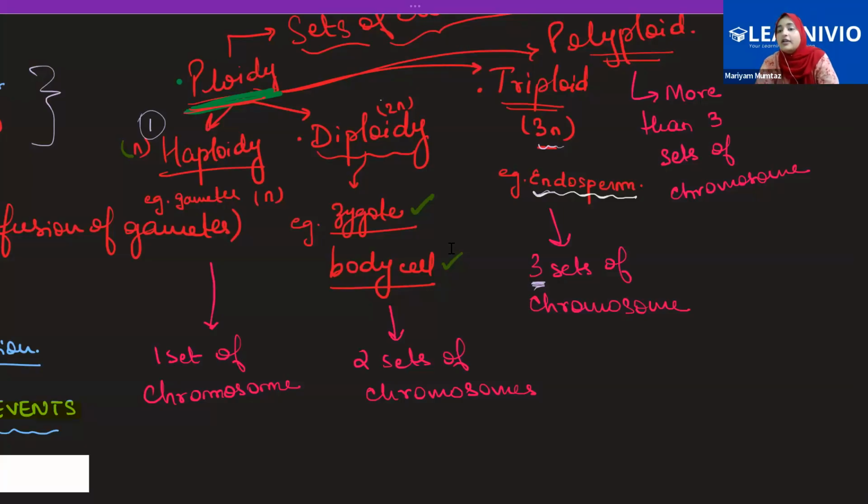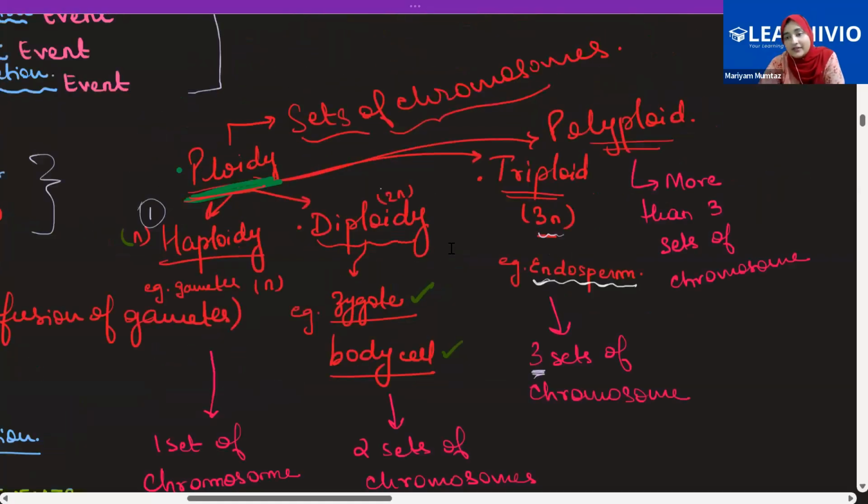And then comes triploidy. What is triploidy? Three sets of chromosomes are there. That is represented as 3n. And the best example is the endosperm. And when more than 3 sets of chromosomes are present, we call it polyploidy. So these are the different sets of chromosomes.